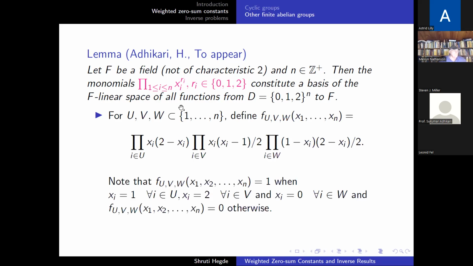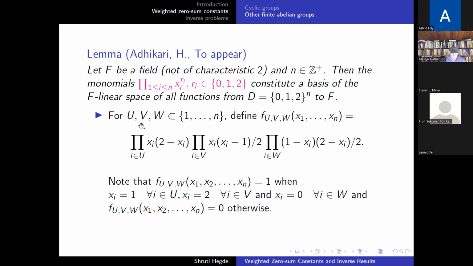To prove this lemma, we define these polynomials f_UVW over D like this. And we can check that this f_UVW takes the value 1 exactly when xi is 1 for all i in U, xi is 2 for all i in V, and xi is 0 for all i in W. And for any other n-tuples, this f_UVW will be 0.